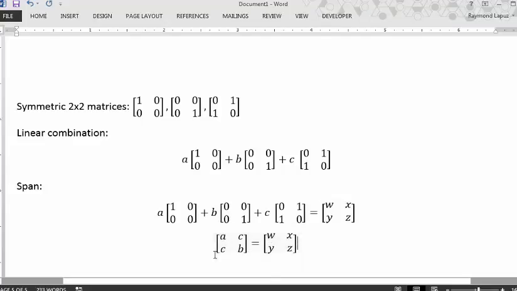And then we can even express how these symmetric matrices would look. We can say W, X, X, Z, or we can say A, C, C, B, or whatever letters we use, as long as the wings are the same and diagonals don't necessarily have to be the same.